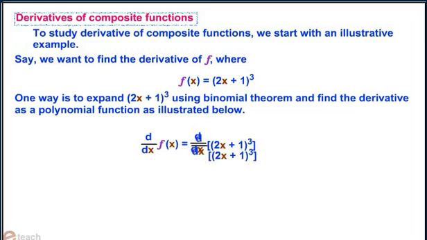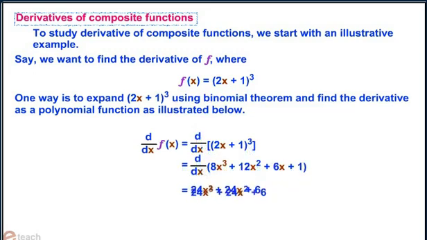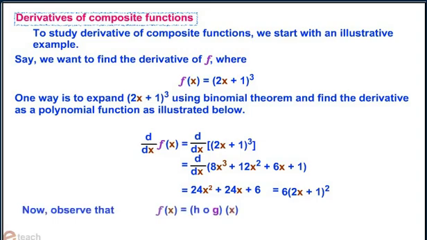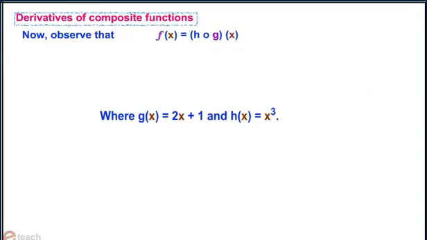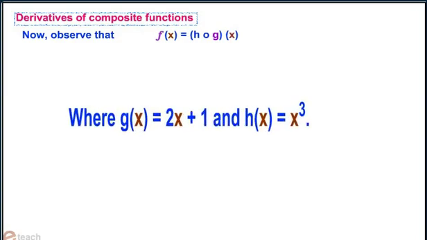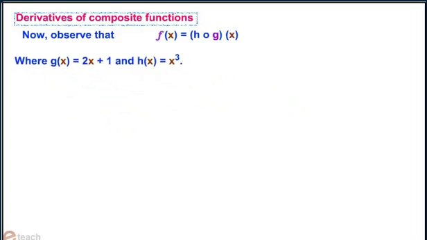df(x) by dx is equal to d of (2x plus 1) whole cube by dx, which equals d by dx of (8x cube plus 12x square plus 6x plus 1), equals 24x square plus 24x plus 6, which equals 6 into (2x plus 1) whole square. Now observe that f(x) is equal to h of g(x), where g(x) is equal to 2x plus 1 and h(x) is equal to x cube.